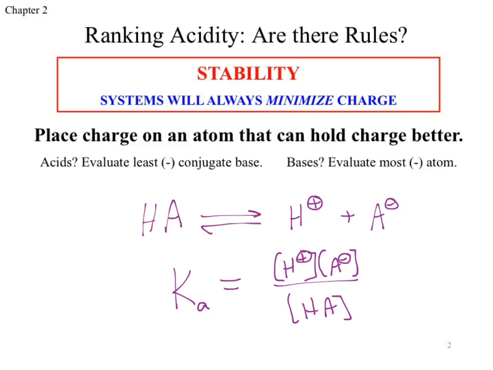Right? So if it's a strong acid, what happens to the size of Ka? Gets really, really, really big. Okay? If it's a weak acid, Ka is relatively small. Pretty much everything that we're going to be dealing with this semester is dealing with Kas that are in that small range.